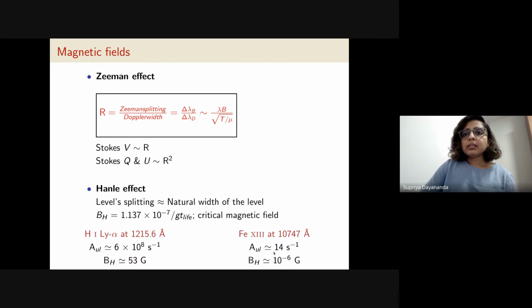These long-lived levels give a very small critical magnetic field strength for the Hanle effect, something like 10 power minus 6 Gauss. So what it says is, by probing different lines, both permitted and forbidden lines in the solar corona, you can in turn probe magnetic fields across a wide range of field strengths.